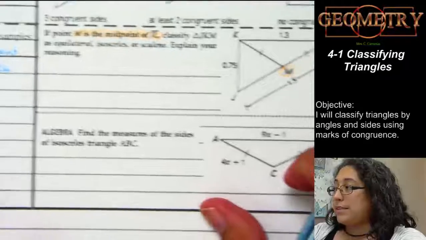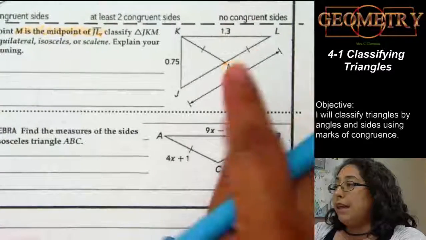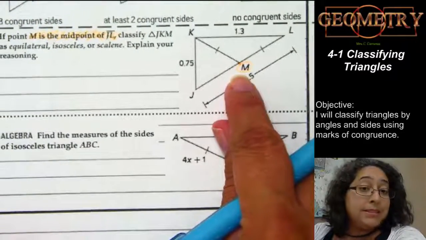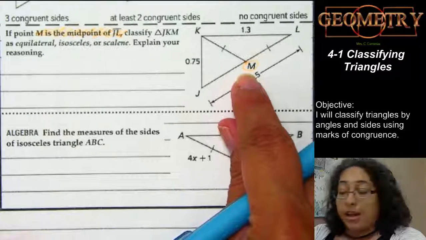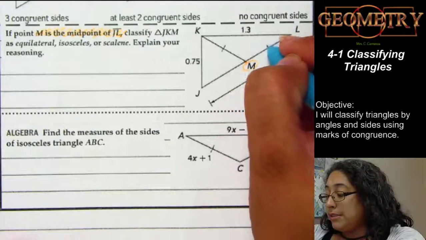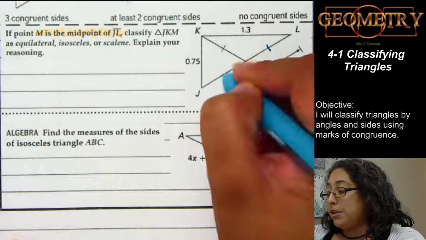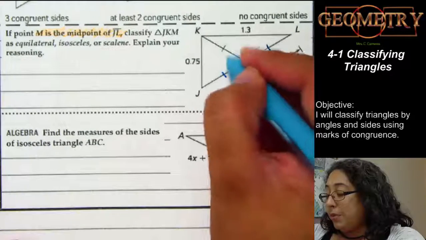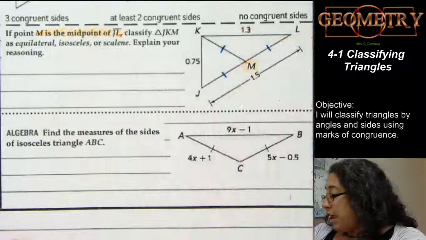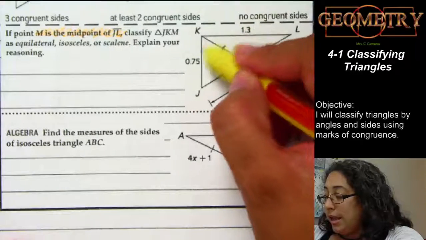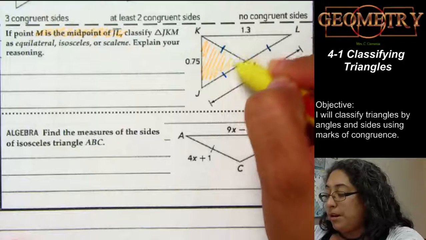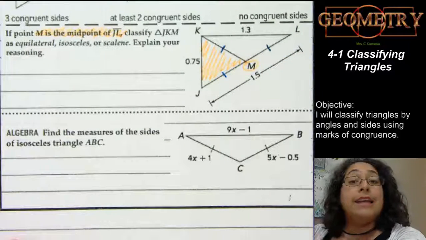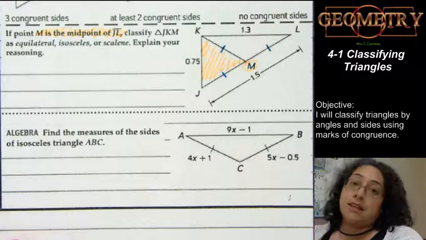Looking over at segment JL then, if M is the midpoint of line segment JL, this line segment on this side of M is congruent to this segment on this side of M. Right now, we're able to tell that triangle JKM, this triangle right in here that I have colored for you, is at the very least an isosceles triangle.